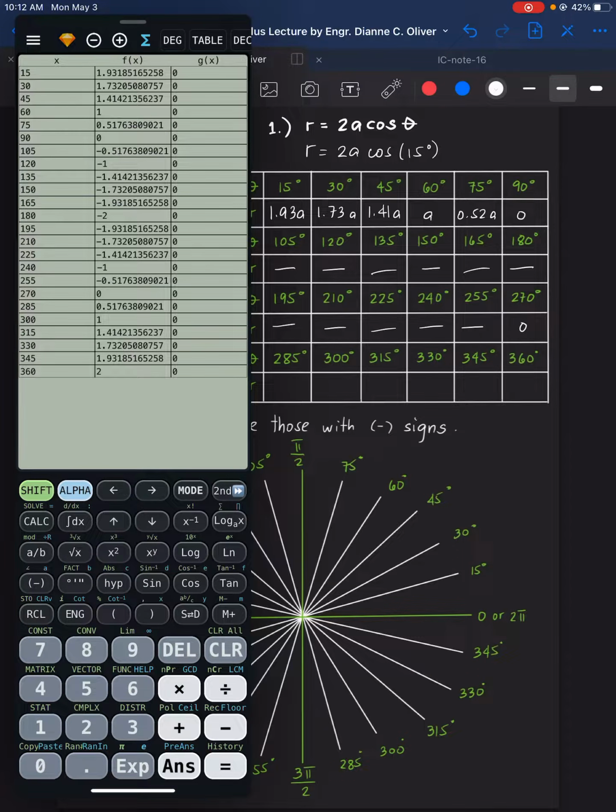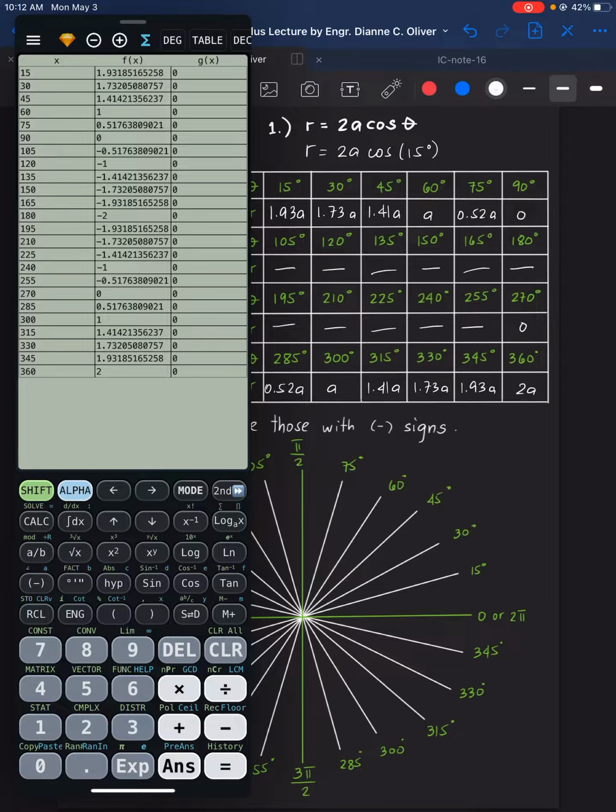Then 285, we have there 0.52a, 300, a, 315, 1.41a, 330, 1.73a, 345 is 1.93a, 360 is 2a. Okay, so we were able to fill in the table a faster way.